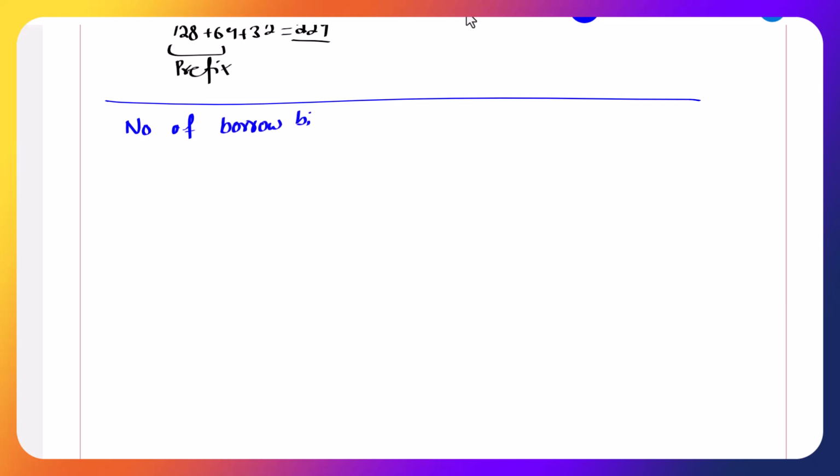Let's move ahead. The number of borrowed bits will be equal to 4.